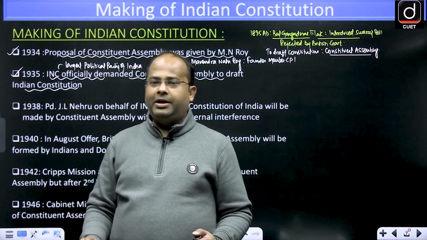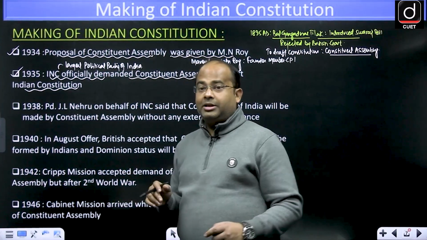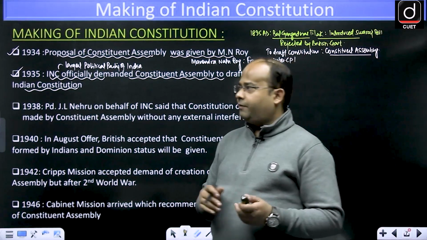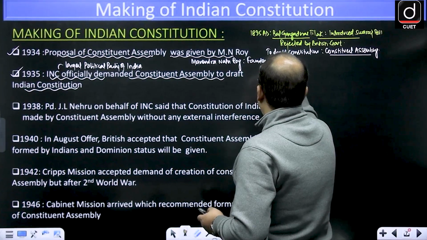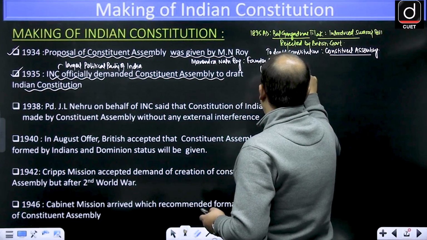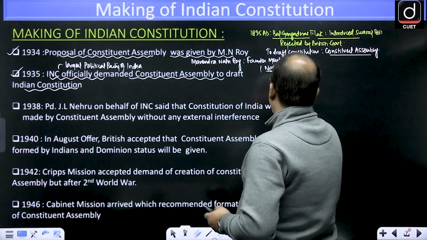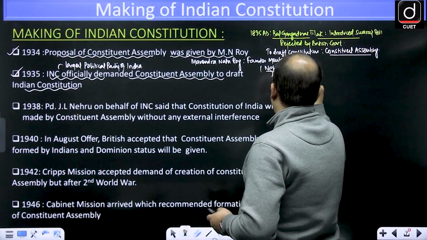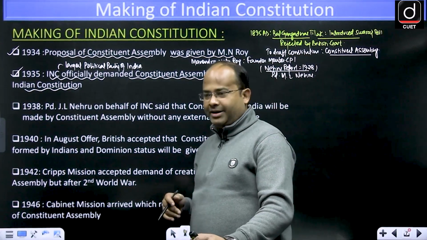Now guys, after the Nehru Report, Indians showed their capacity that they can draft the constitution properly. The Nehru Report came in 1928, and it was given by Pandit Motilal Nehru, who was the father of Pandit Jawaharlal Nehru, and he was a very popular barrister.